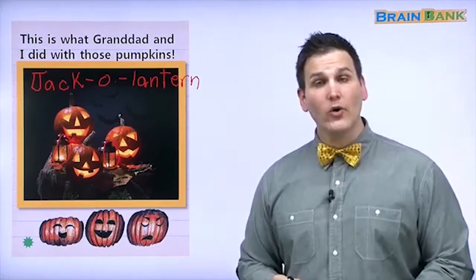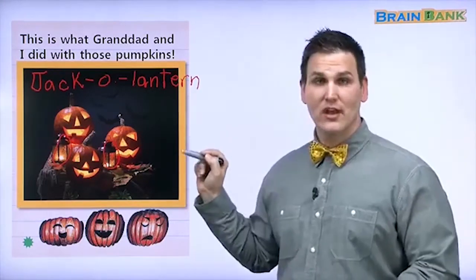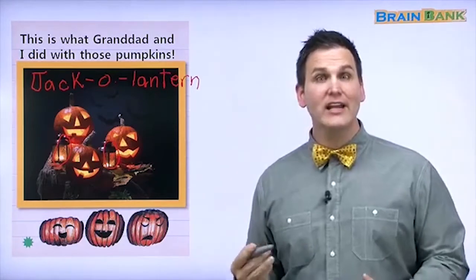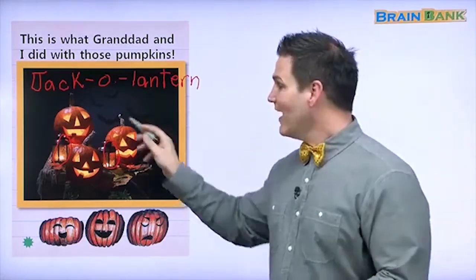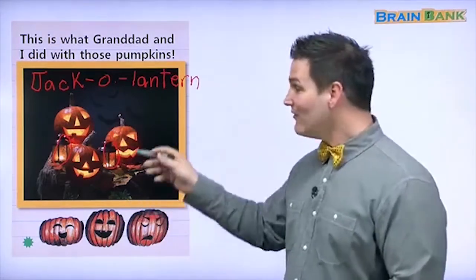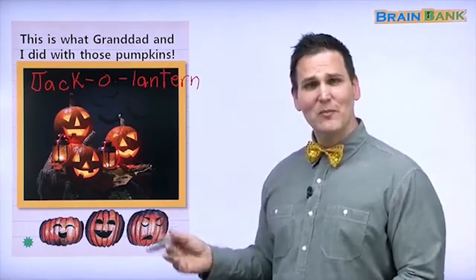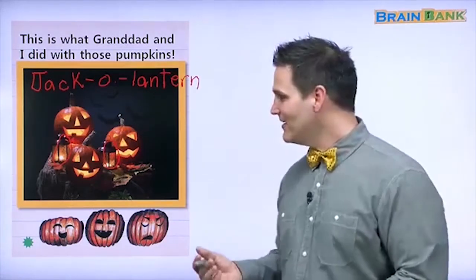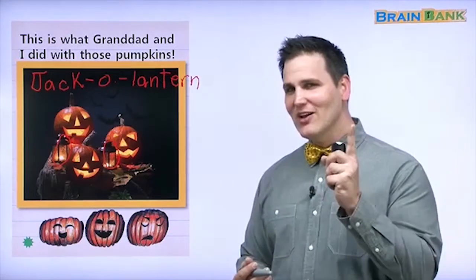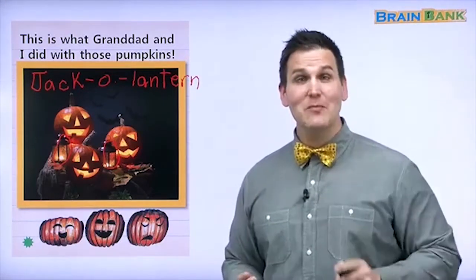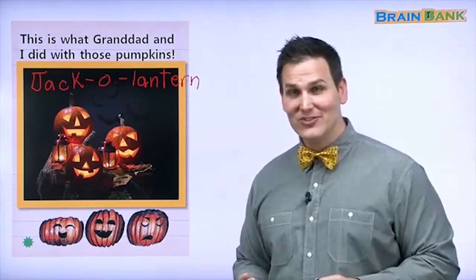Now you can see this here and this one. These are called lanterns. A lantern is a kind of light. Now, these jack-o'-lanterns have light, but they're made in a pumpkin. Do you know when we use and make jack-o'-lanterns?